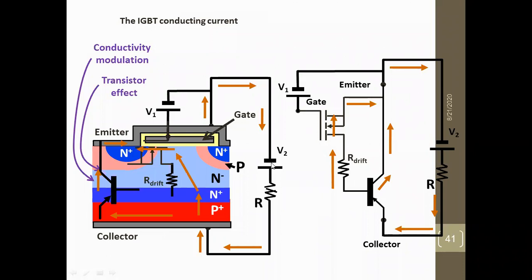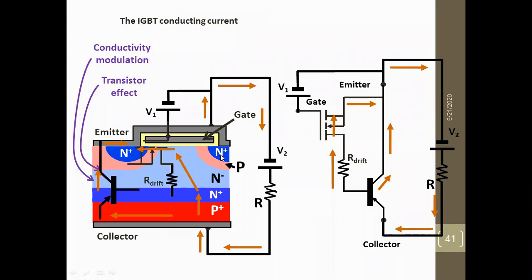Then when the gate is made positive with respect to the emitter, the n carriers are drawn into the p channel near the gate region, which results in forward bias and behaves as an NPN transistor.